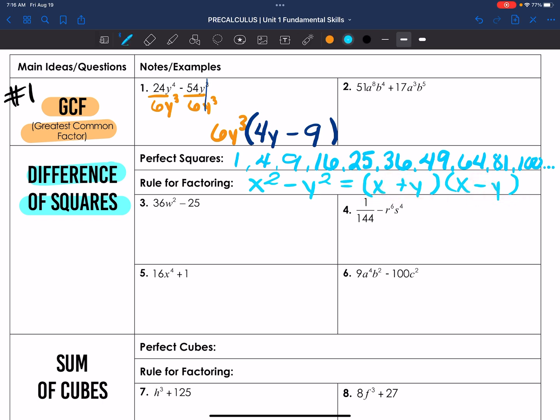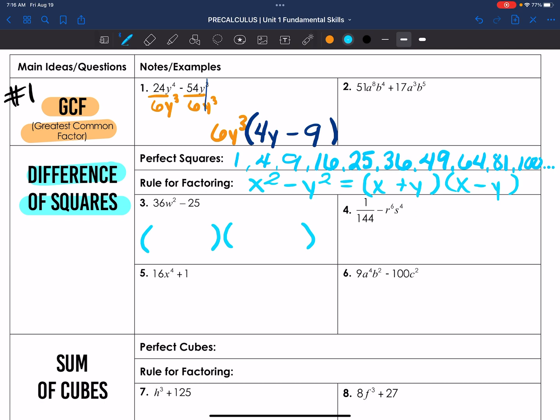So let's go ahead and try to do that here. Ladies and gentlemen, I'm looking at 36w squared, and I'm noticing, oh yeah, 36 is a perfect square. And w squared is just, well, w squared. And I'm also noticing 25, that 25 is one of my perfect squares. So let's go ahead and factor.